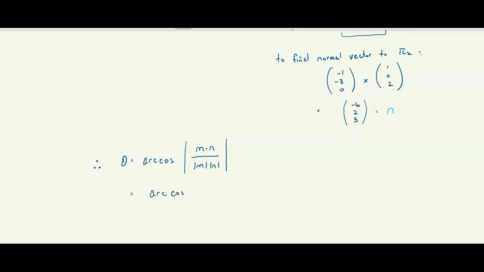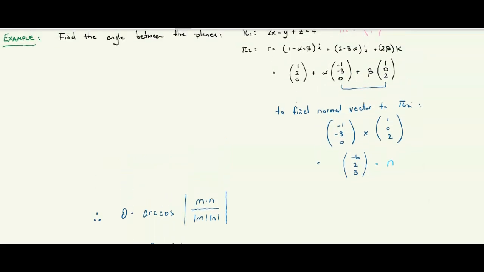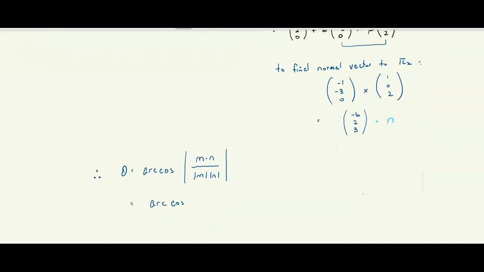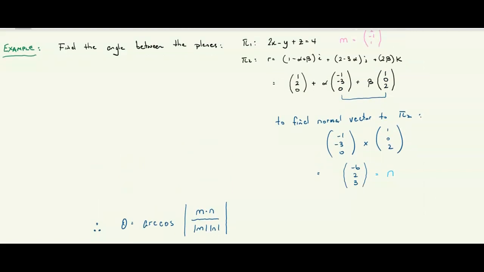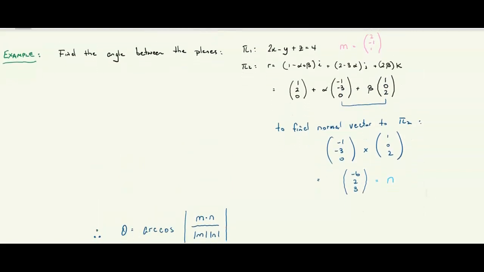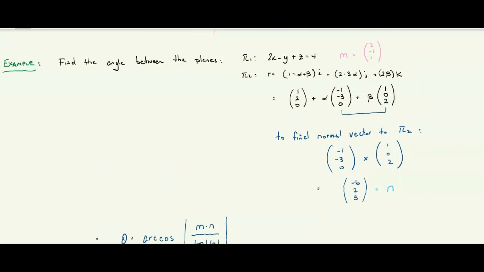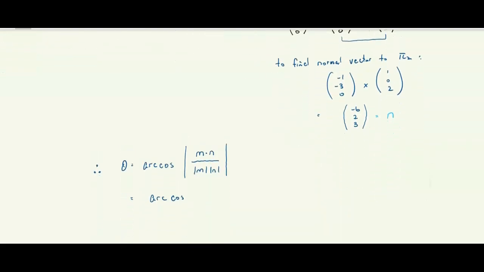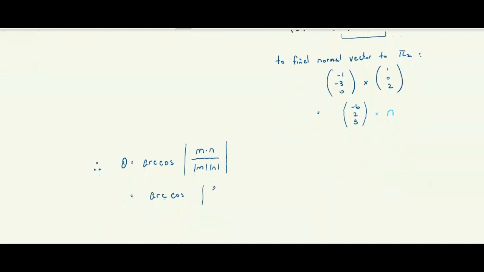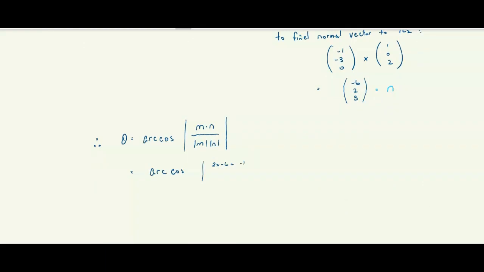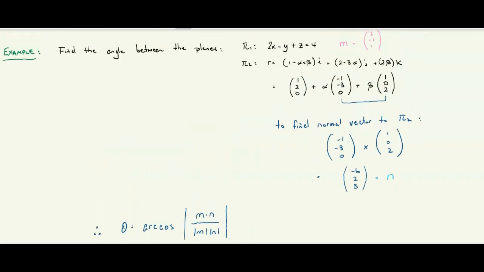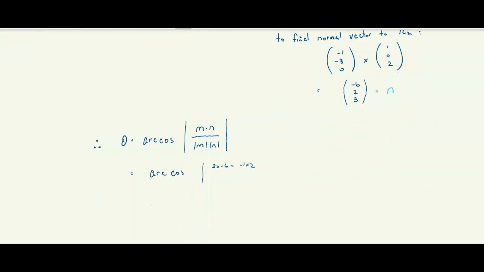So that's equal to arc cos, now m and n are defined for me up here, 2, -1, 1, and I'm dotting with -6, 2, 3. So my dot product will be 2 times -6, plus -1 times 2, plus 1 times 3.